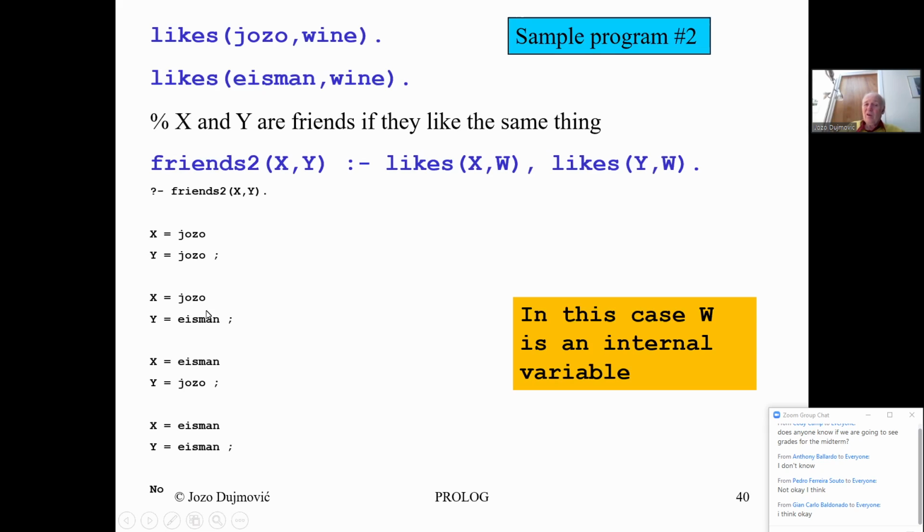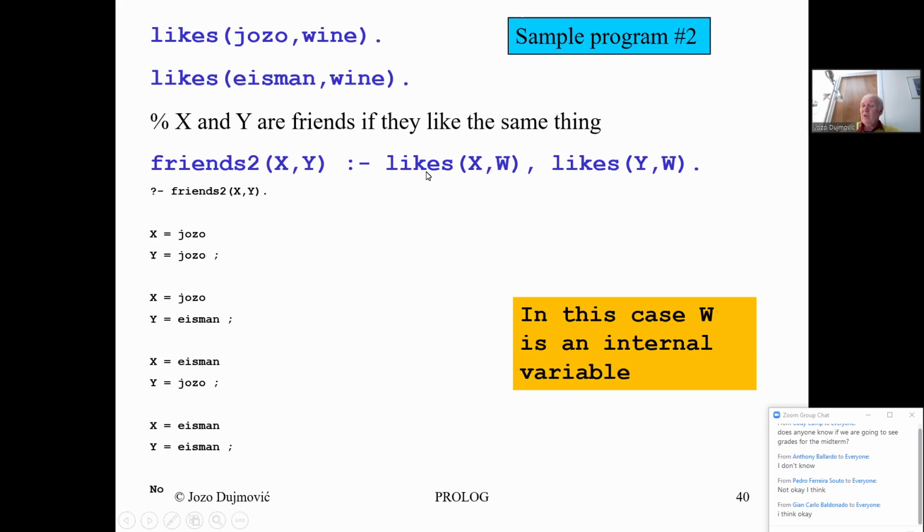So you can say Jozo and Iceman are friends because both of them like wine. That would be possibility number one. So if you put this W as one of the interesting variables, whatever is listed here will be reported to the user, same as this X and Y.